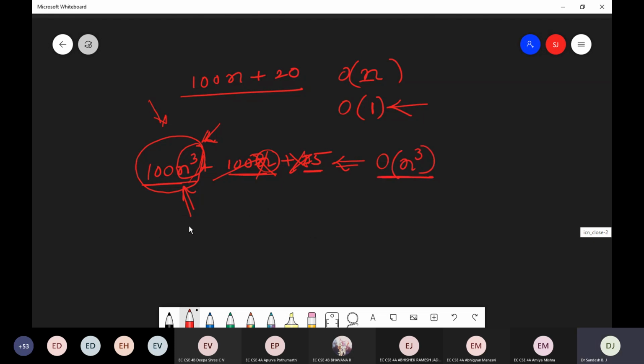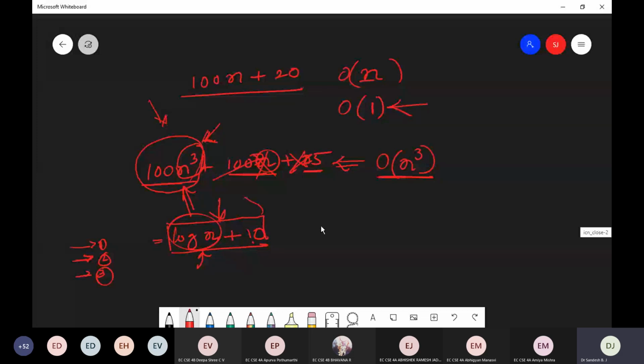Then you may have something like log n plus 10. This equation was got by finding the count of the number of times all the instructions in the algorithm execute. So if it is log n plus 10, it depends on the function log n.